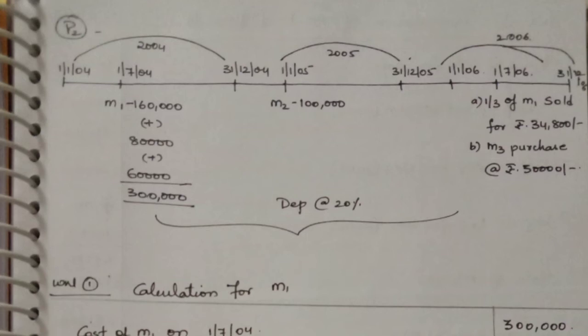And the second thing you are doing is purchasing another machinery, machinery 3, for rupees 50,000. There are no other transactions in the year. Next is the due date, 31st December 2006, on which date you need to calculate the depreciation for all the machineries. The next step is making the working notes for each and every machinery.